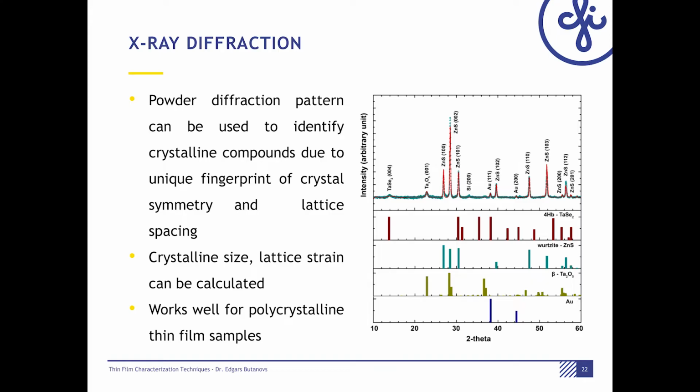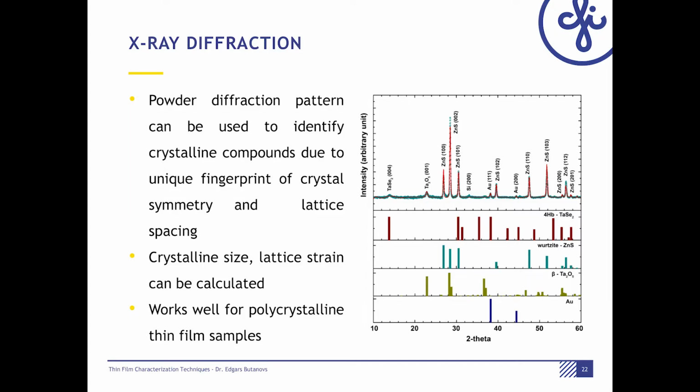With this X-ray diffractogram, you can use either calculations of your crystal structure or international databases to identify crystalline compounds in your film, since it's a unique fingerprint which you're measuring.